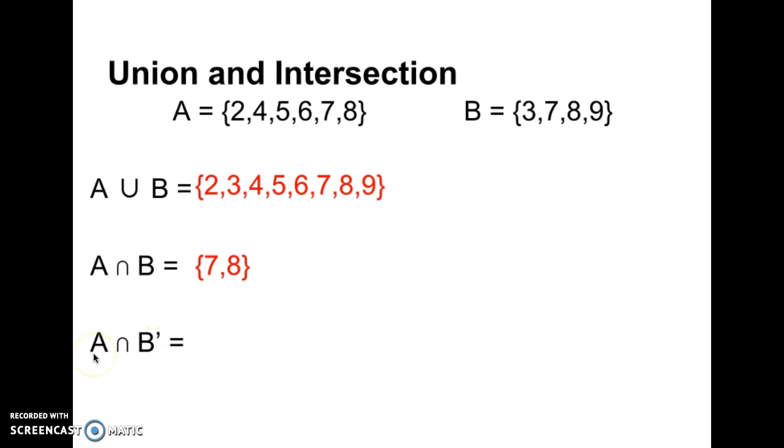So those are all of the elements that are in A and not in B. And those elements are 2, 4, 5, and 6. The 7 and 8 are listed over here, and that's all of the elements that are in A and not in B.